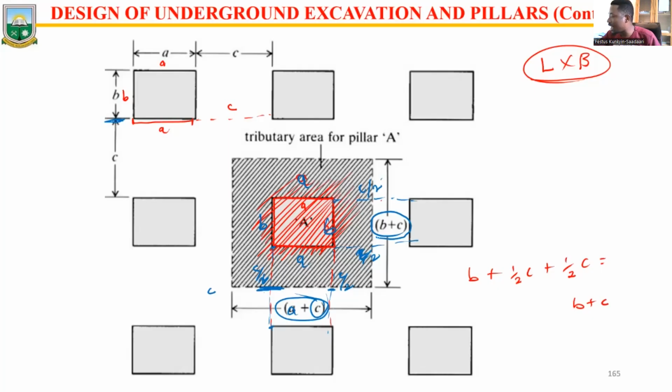Then when I come to where the B is, the width of the pillar, the C here is half plus half of the other dimensions between it and the next pillar. And so half plus half again is giving us 1. And that is why we have B plus C.